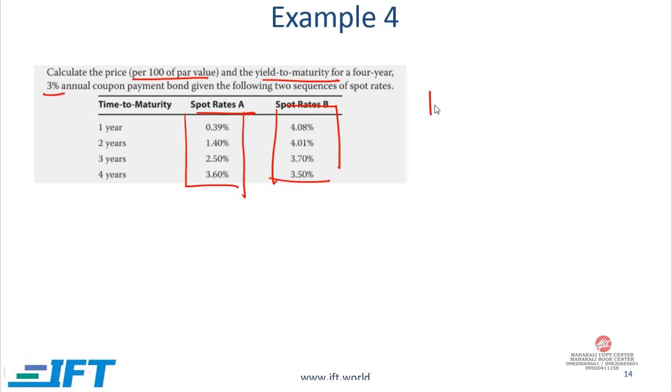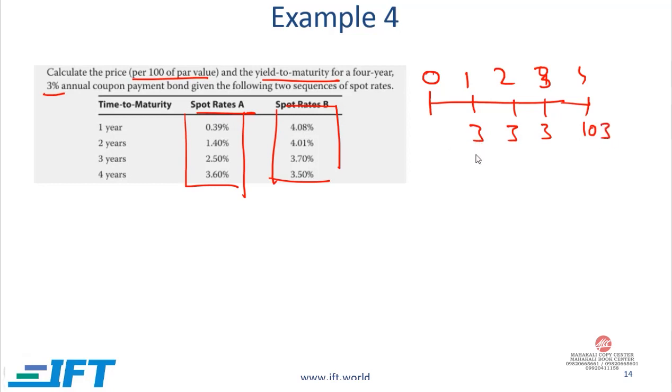The first thing to do is recognize the cash flows associated with the bond. This is a 4-year bond. So we will have 4 cash flows, and those cash flows based on $100 par would be 3, 3, 3, and 103.